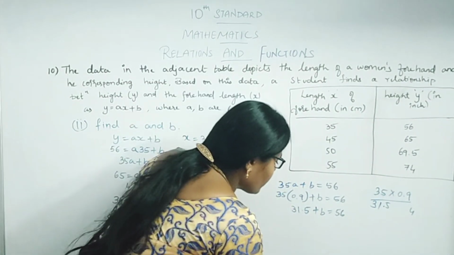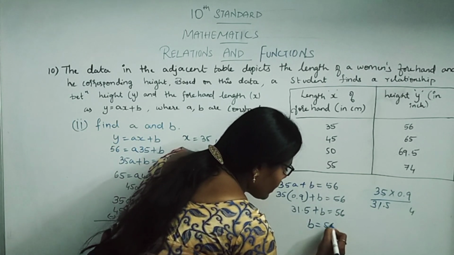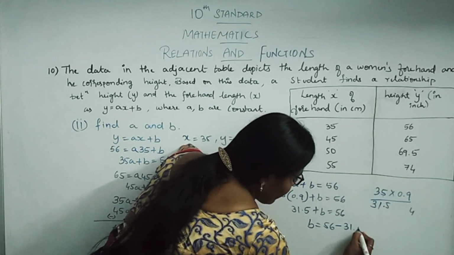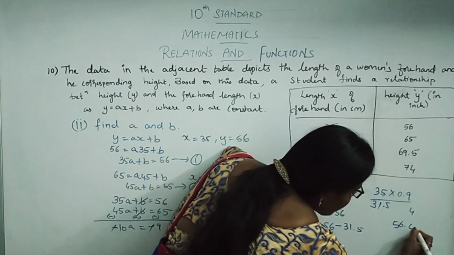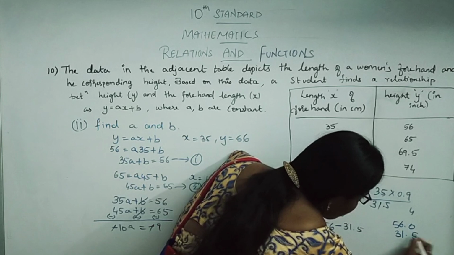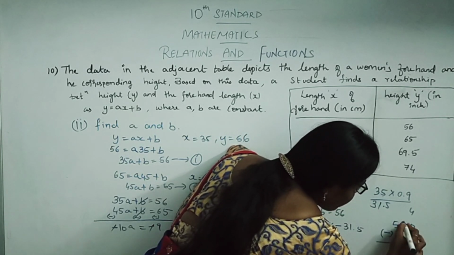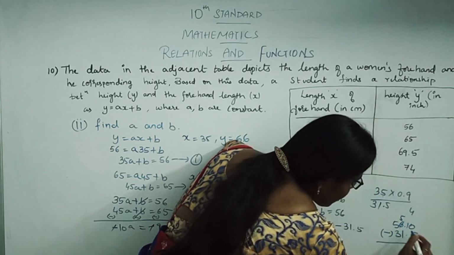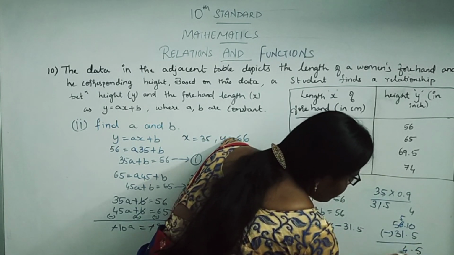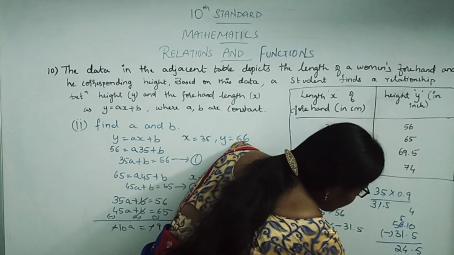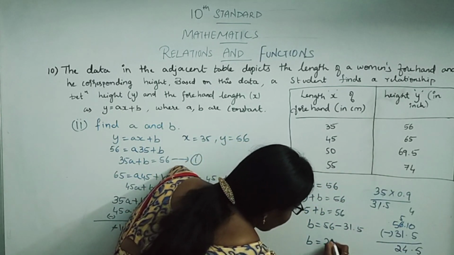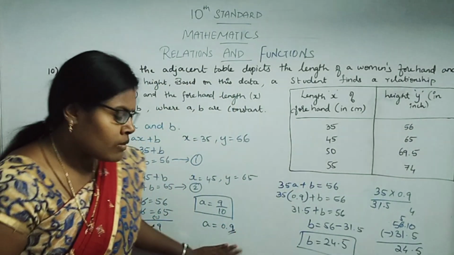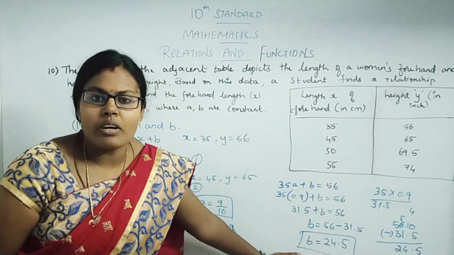Now keep B here and shift 31.5 to that side, so plus becomes minus 31.5. 56.0 minus 31.5: borrow 1, so 10 minus 5 is 5, 5 minus 1 is 4, then 5 minus 3 is 2. So what is your B value? 24.5. So your A value is 0.9 and your B value is 24.5.